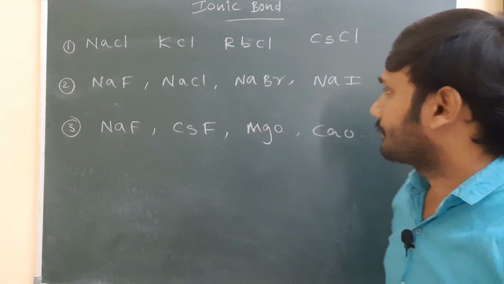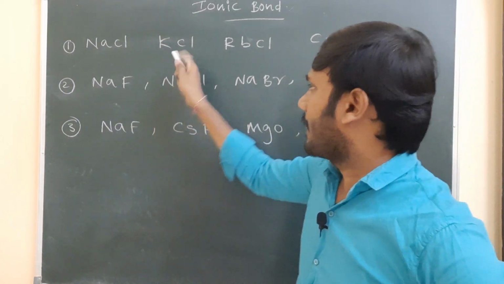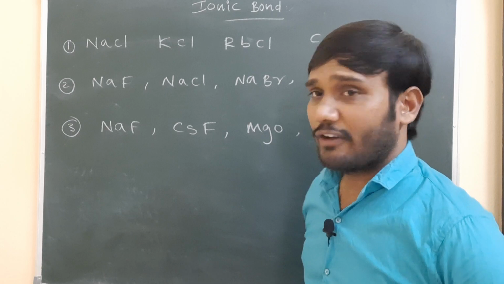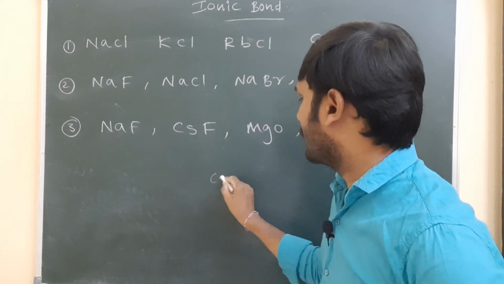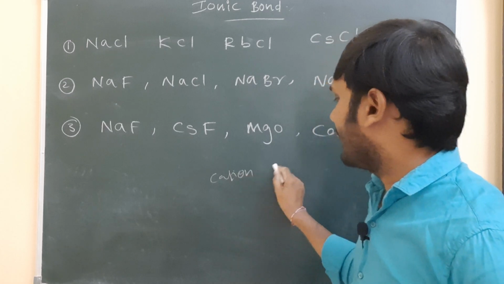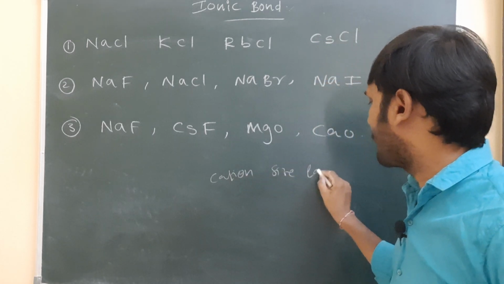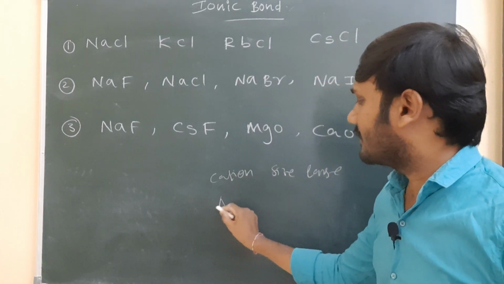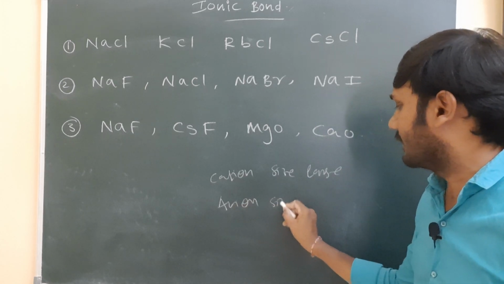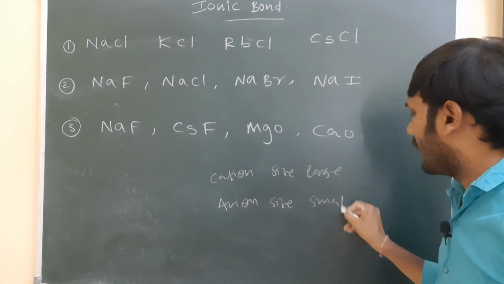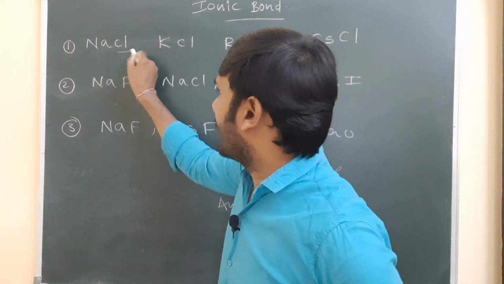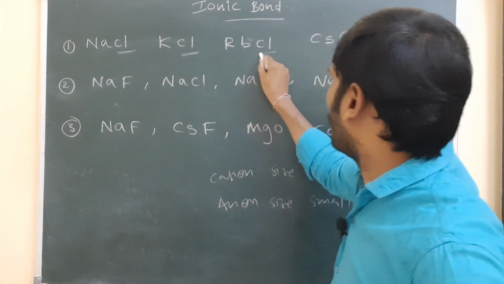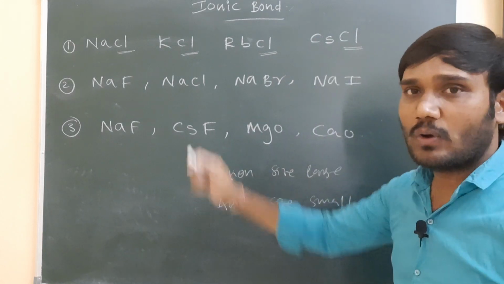Now here, sodium and chlorine. We discussed the favorable condition: cation size should be large and anion size should be small. Here the anion is chlorine, so the anion is common.